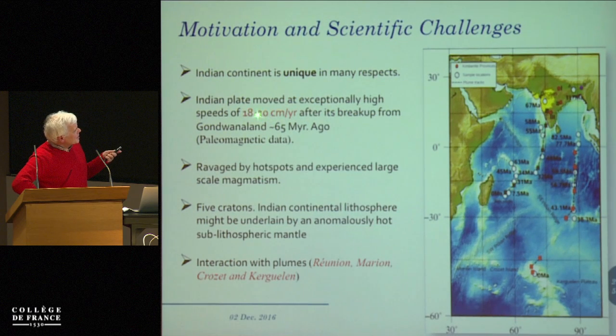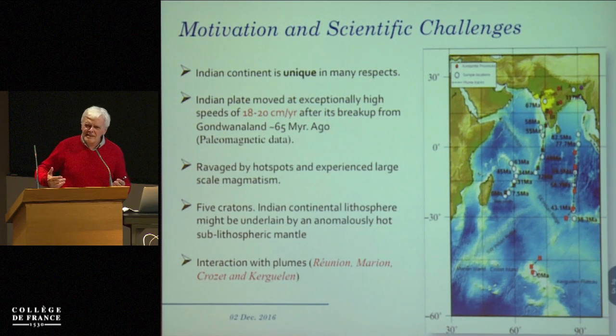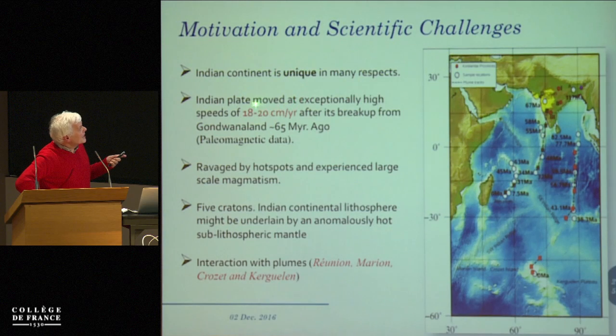So it's very surprising, because usually we say that when you have a plate with continent, the plate is very slow, and the issue is, can we explain these very fast velocities when you go from La Réunion on the trip toward the collision with Eurasia?